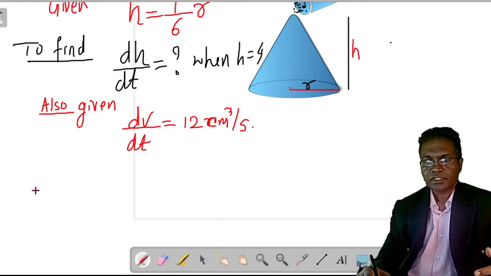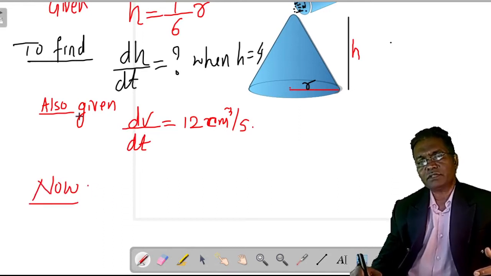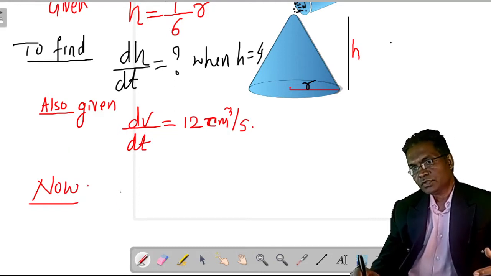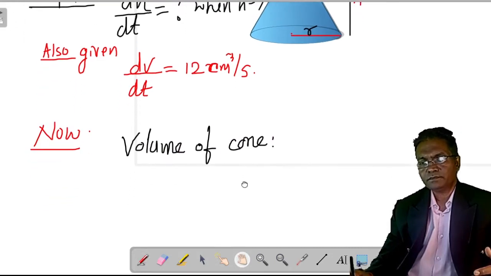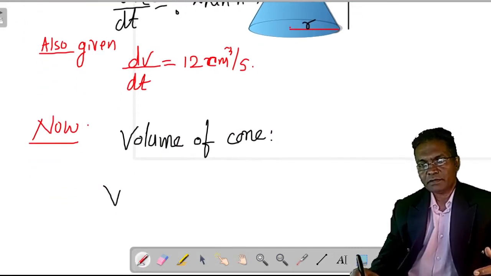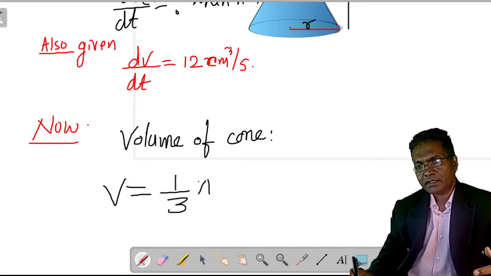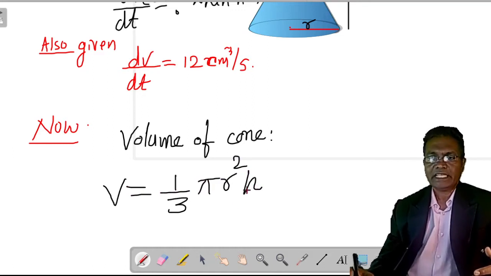You are given the increase in the volume, so use the formula for volume. Volume of a cone, you must know this. Volume of this sand cone is given by V is equal to 1/3 pi r square h.